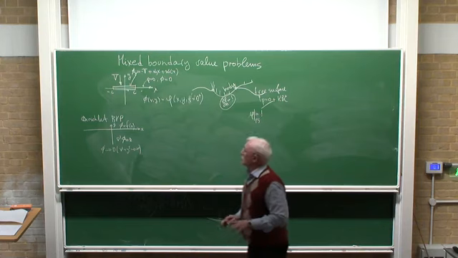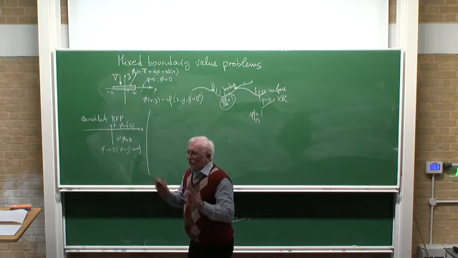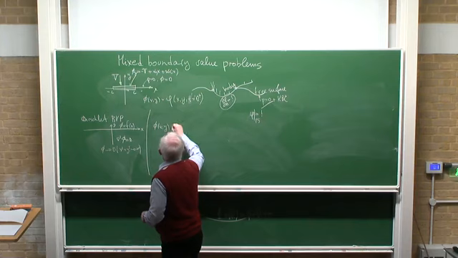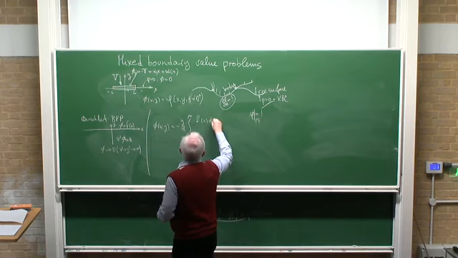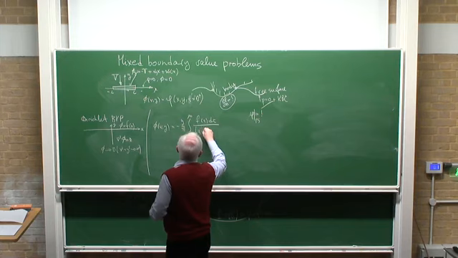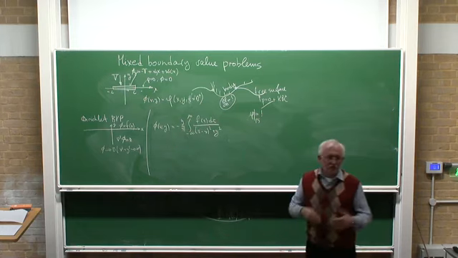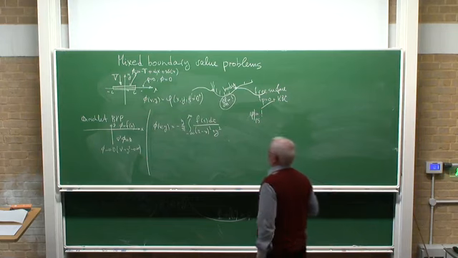In one way or another, we can show that the solution is minus y over pi, integral from minus infinity to infinity of f of tau d tau over (tau minus x) squared plus y squared. That is the solution. We can use conformal or Fourier transforms or something.